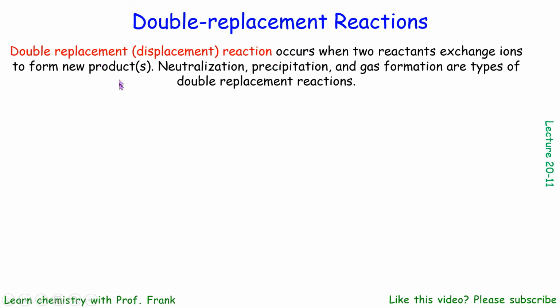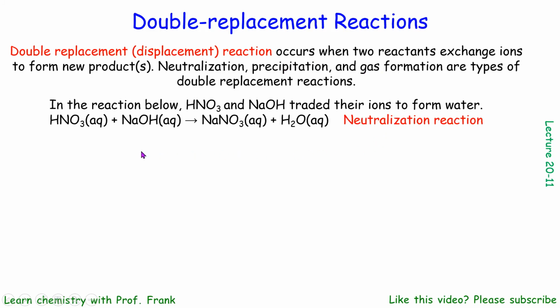Double replacement reactions occur when two reactants exchange ions, then form new products. Those reactions are typically also neutralization, precipitation, and gas formation reactions. Okay, let's take a look at this one. Strong acid, strong base, but you see they exchange ions, or double replacement.